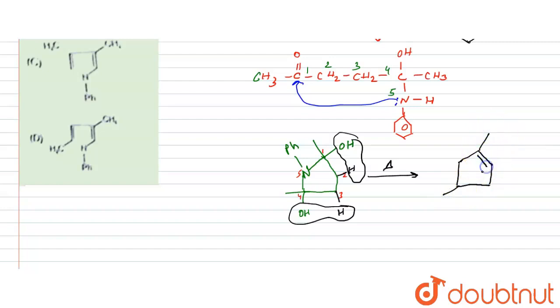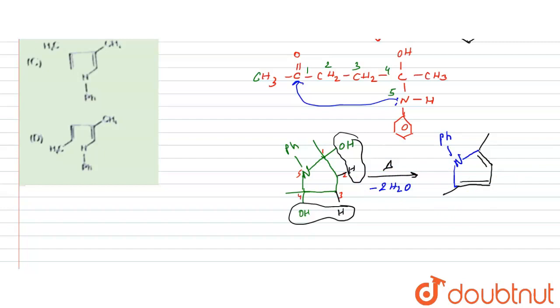There will be a double bond here, and there will be a double bond here, and here you will have nitrogen, right? Now here you have nitrogen, and with nitrogen you have Ph attached here. So this is the entire compound which will be formed after heating and after eliminating water, right? Minus 2H2O. So like this will be the compound which is formed.